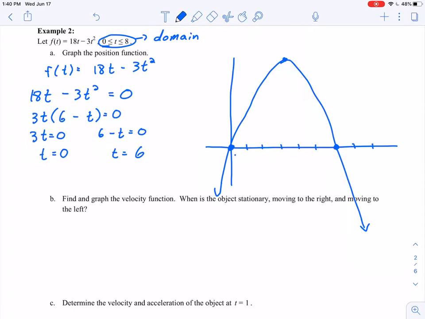Not a perfect parabola, but enough to get the idea of what's happening. So, okay, cool, we have the position function. We're going to come back to this in a little bit. Let me just erase this so that it's not moving into the next problem.